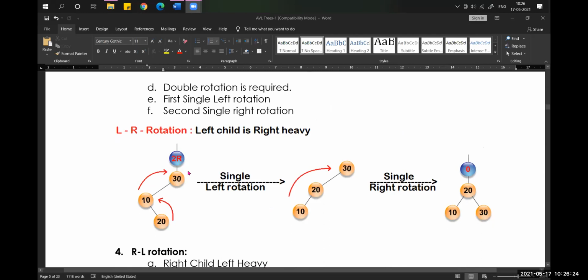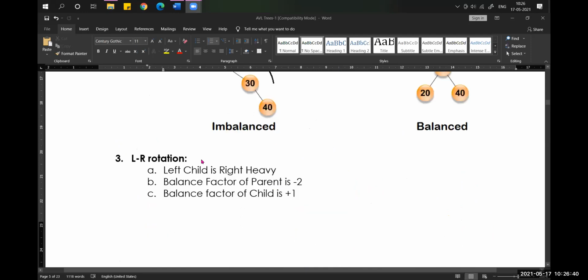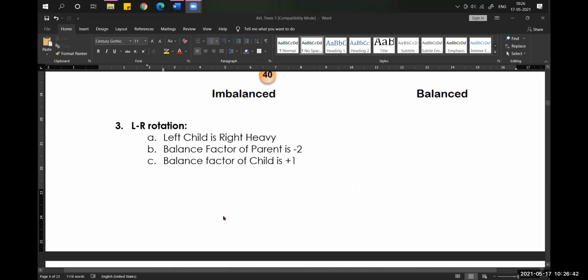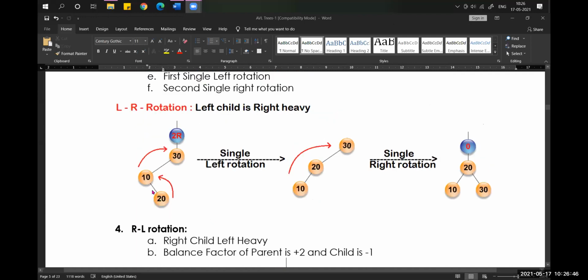So this is the LR rotation, right? What is meant by LR rotation? Left child right heavy, which means all the nodes are present on the right side. Yes, the left child is right heavy. So this is the right side heavy, because 20 is here, that's why the right is heavy.